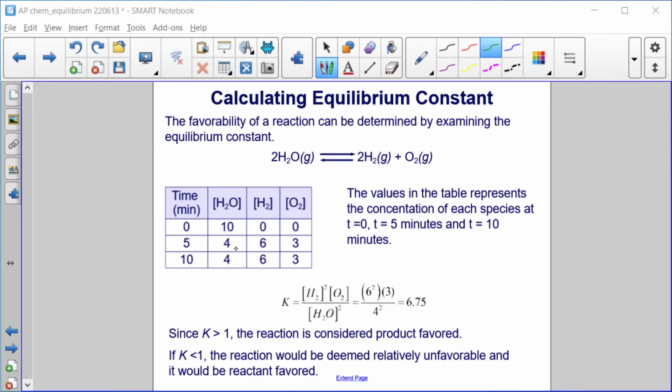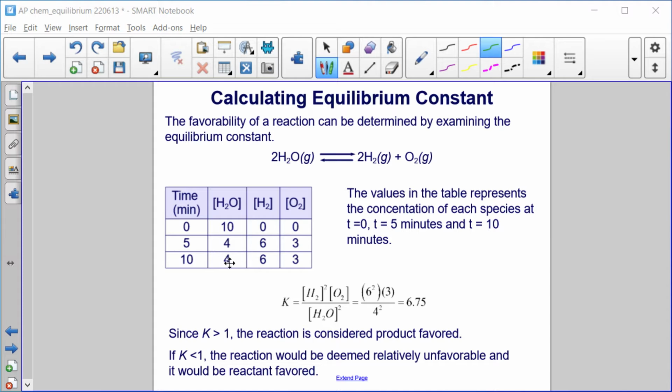The molarity or the concentration of the water is 4 moles per liter, the hydrogen 6, and the oxygen 3. Okay, so I've written the equilibrium constant expression. K equals the concentration of the product, H2 squared, times the concentration of O2, divided by the concentration of water squared.